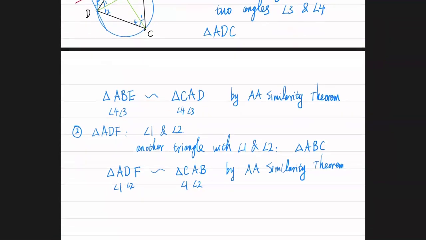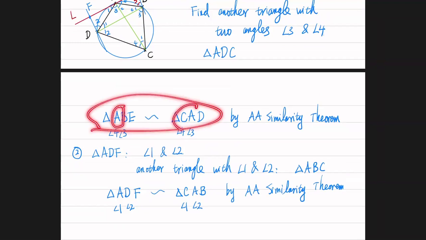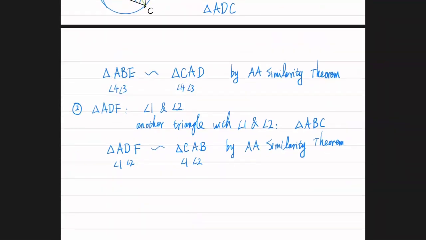Okay, if two triangles are similar, we know their corresponding sides have the same ratio. Triangle ABE is similar to triangle CAD. This implies the corresponding sides AB over AC, AE over CD, BE over AD have the same ratio.